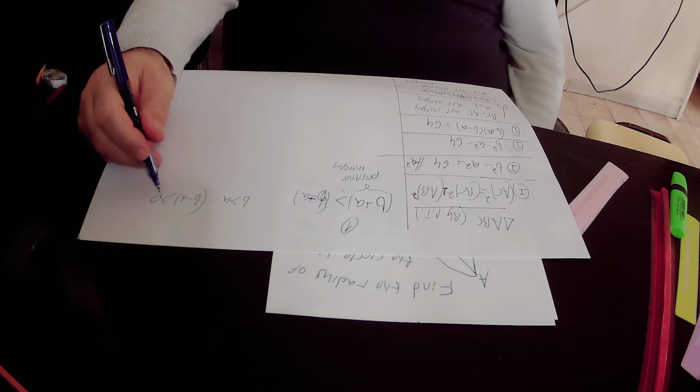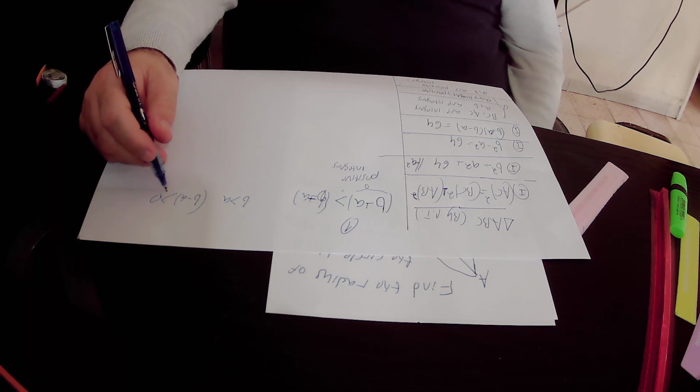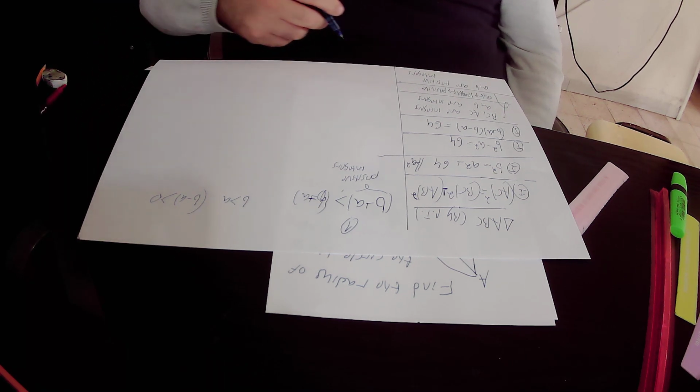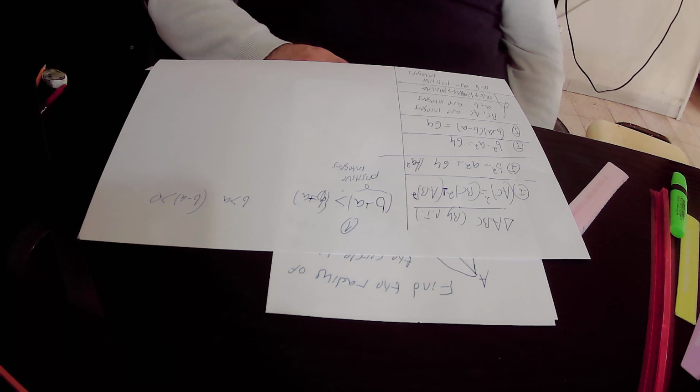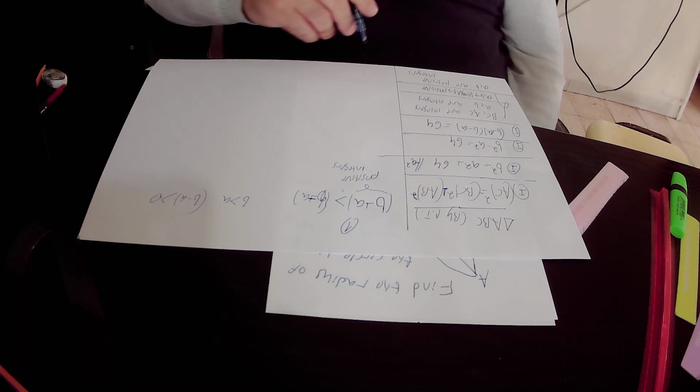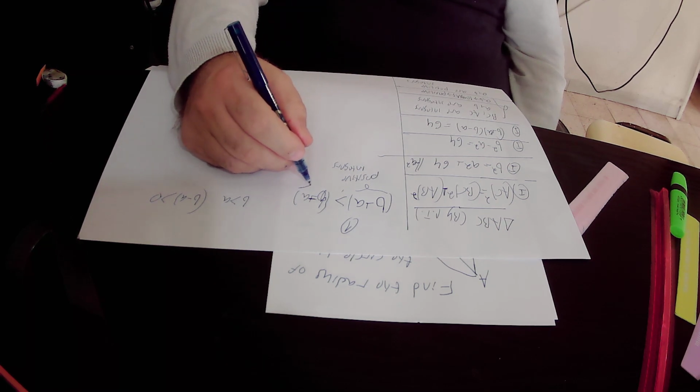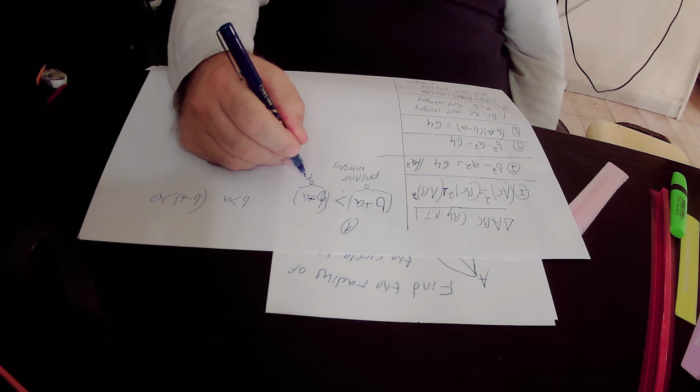So B is a positive integer, A is a positive integer also, so when you subtract them and the result is positive, the result must also be a positive integer. So B minus A is also a positive integer.